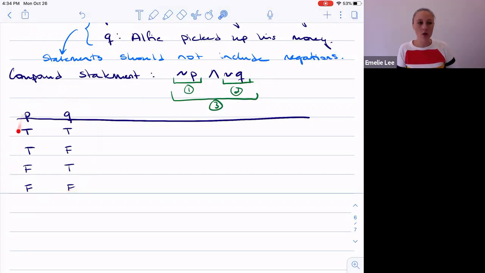This is how you're always going to start a truth table with two arguments, P and Q. Remember, this is your default starting point. And then I'm going to make not P, where I just look at the column of P and negate it.